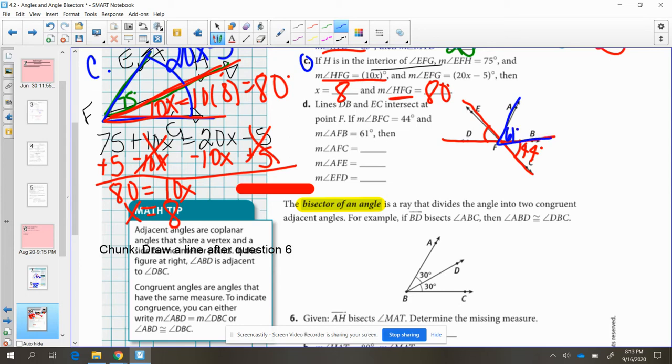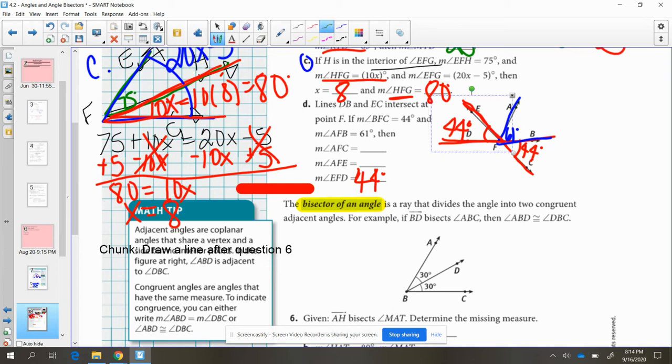Okay. Now, couple things we know. First of all, those vertical angles have that congruent measure that we talked about in that last lesson, these vocab words, and that means they have the same measure. So we actually know right away that angle EFD down here is also going to be 44 degrees because of its vertical relationship with BFC.